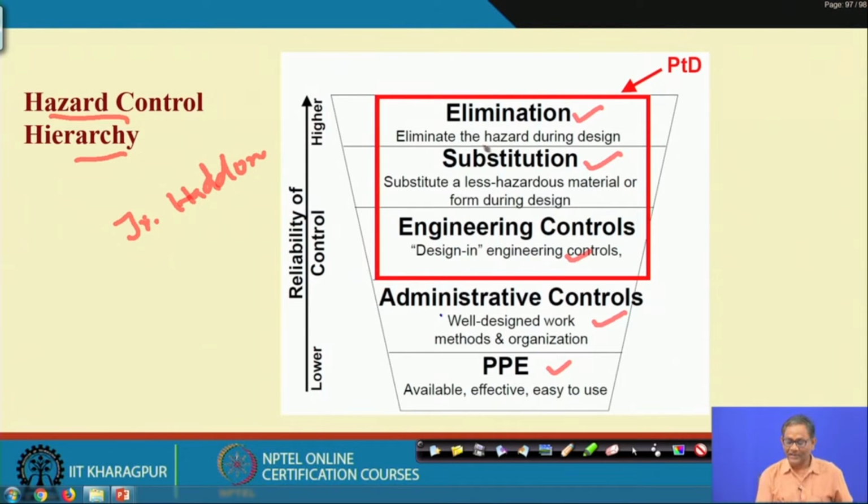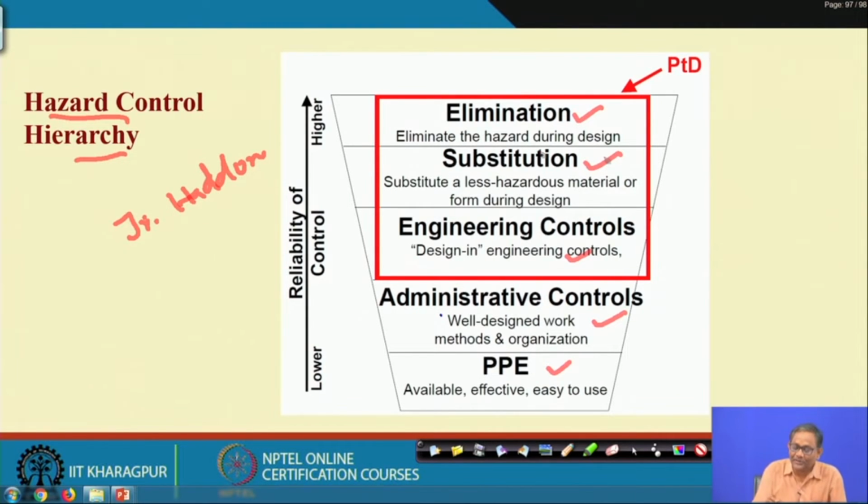Elimination means eliminating the hazard during design, that is the concept of PTT. Before designing, in the design room, if you have done PHA, then all the hazards are known. Consider one hazard and see whether this hazard can be removed at the design stage. If it can, remove it.